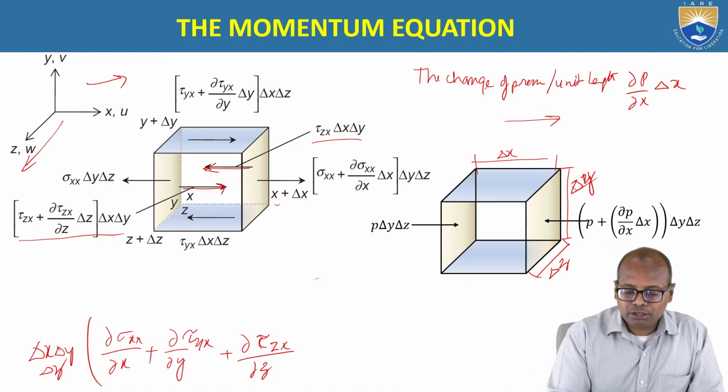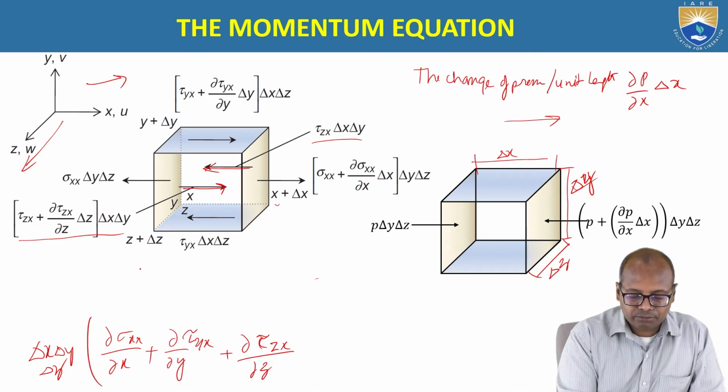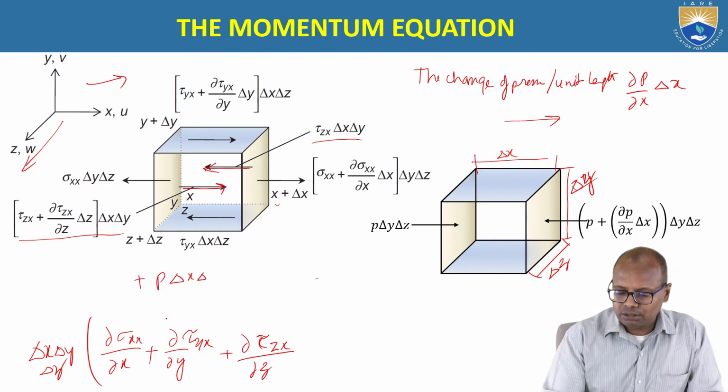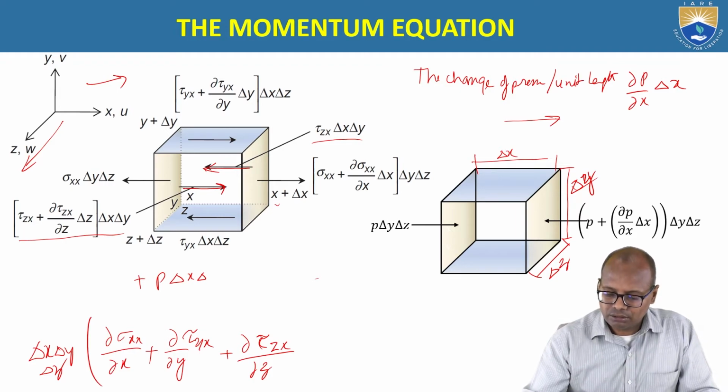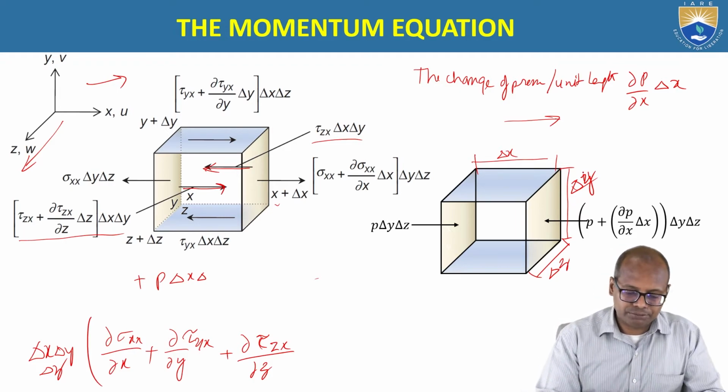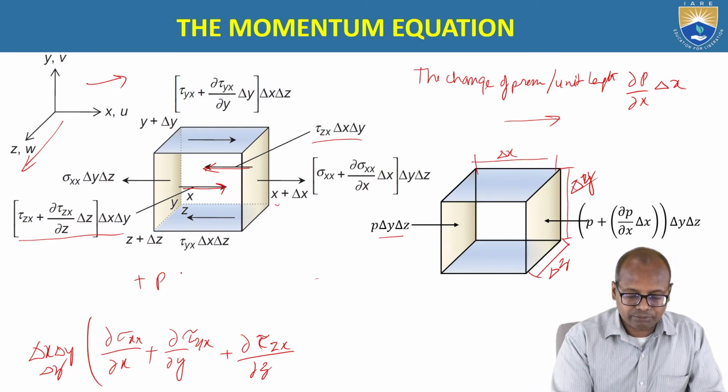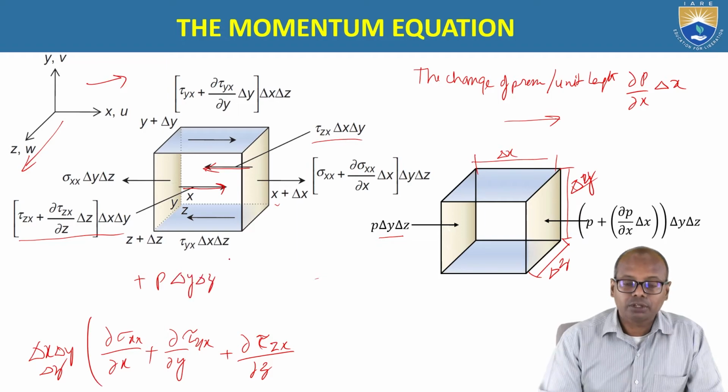So the initial force is plus P into delta y delta z. So this is P into the normal area, that is equal to delta y delta z. Now this is acting in the positive direction, so we gave a positive sign.